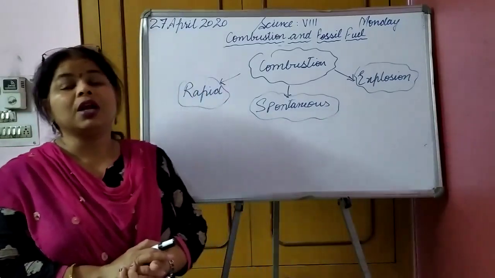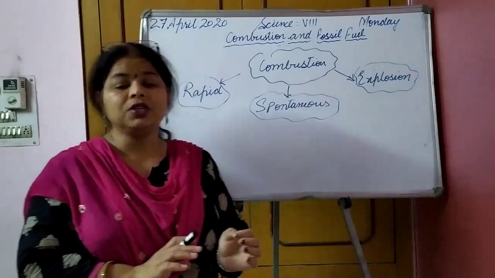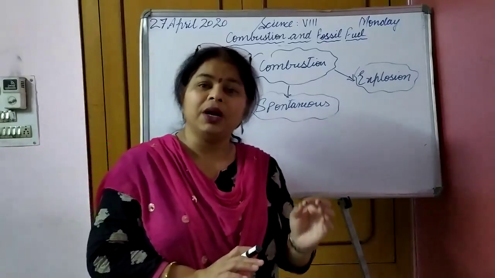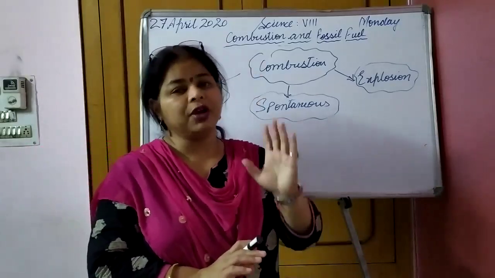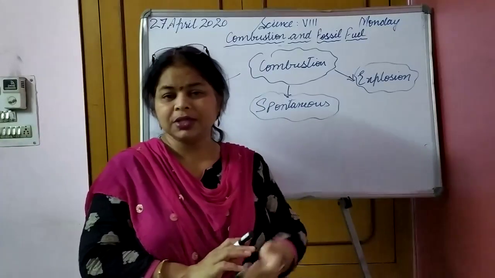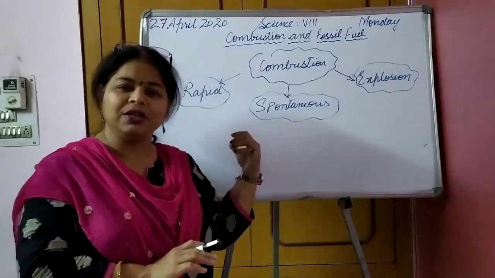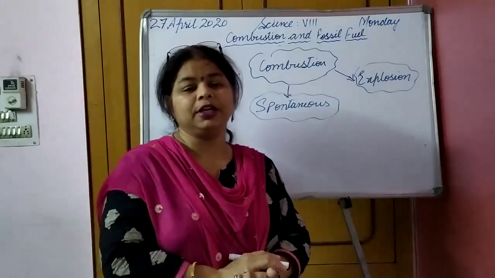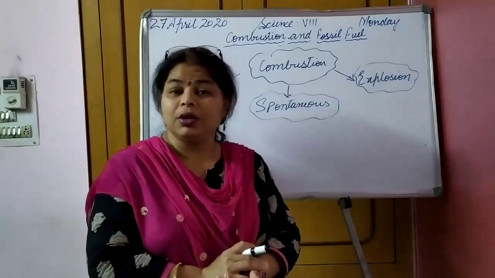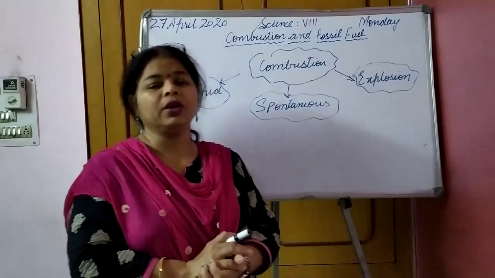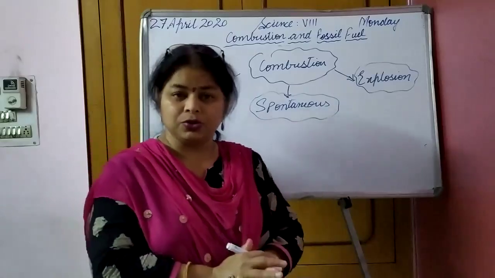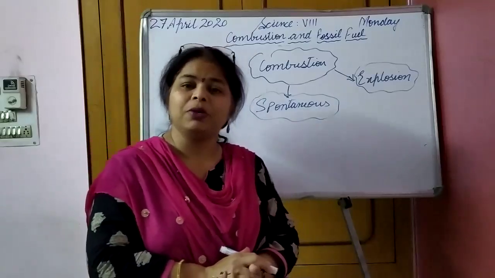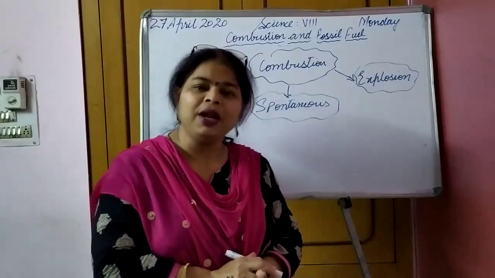So the combustion in which a substance burns very fast. When some external heat is provided to the substance, and a lot of heat is produced, then such type of combustion is known as rapid combustion.